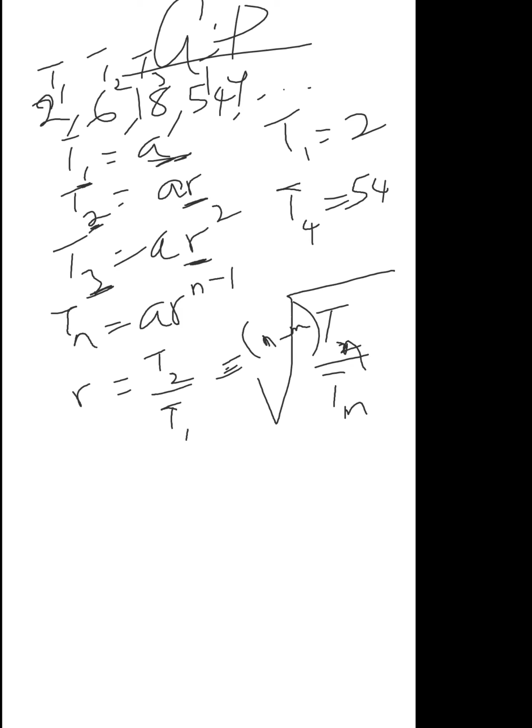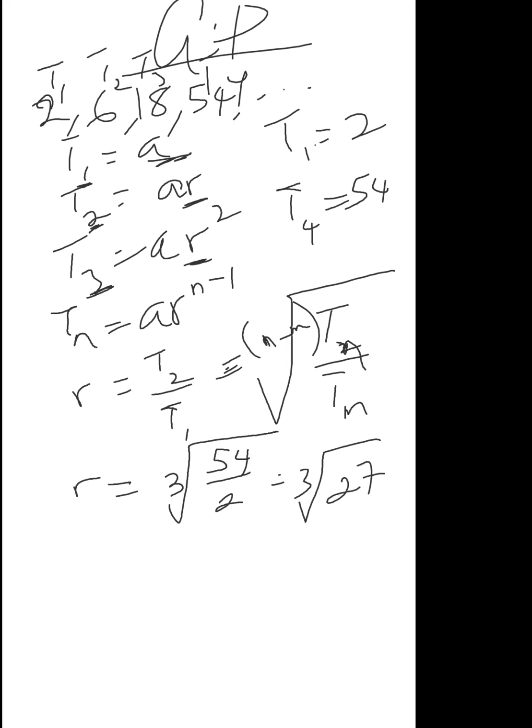For this one, R will be equal to the root, in this case 4 minus 1 gives us 3, so it will be the third root of 54 over 2. 54 divided by 2 is 27. The third root of 27 is 3. So the common ratio is 3.